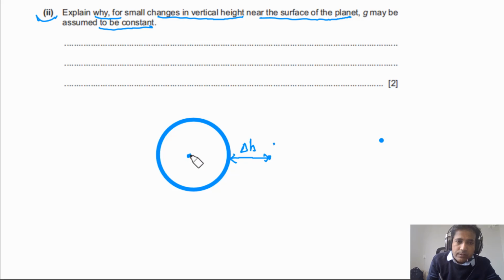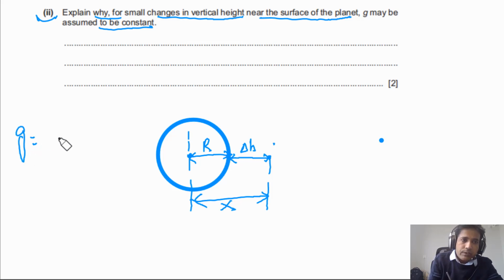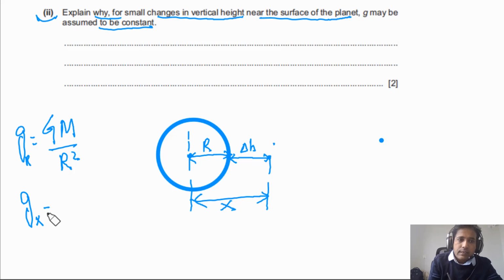The distance from the center of the planet to this point is x, and we can label the radius of the planet as R. The value of g at the surface, at point R, will be equal to G times the mass of the planet, capital M, divided by R squared. The value of g at point x will be equal to GM divided by x squared, or GM divided by (R plus delta h) squared.